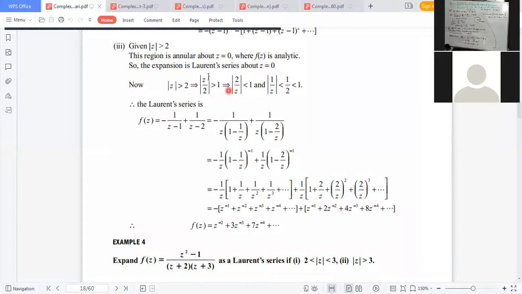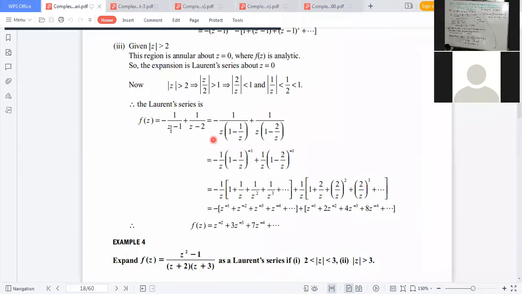Taking inverse on both sides, the inequality sign will be changed: absolute value of 2 divided by z less than 1, and dividing by 2 on both sides, absolute value of 1 by z less than half. And you must know this half is less than 1. So the Lorentz series for the given analytic function f of z is this.